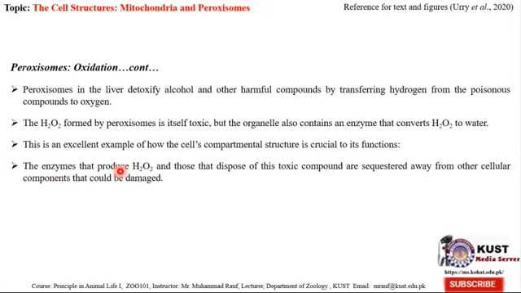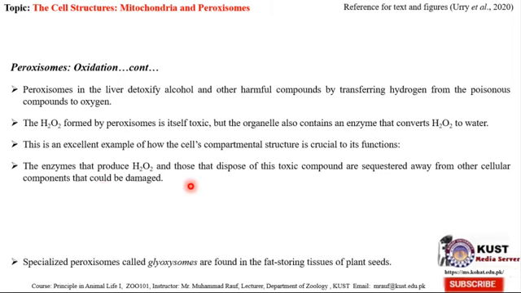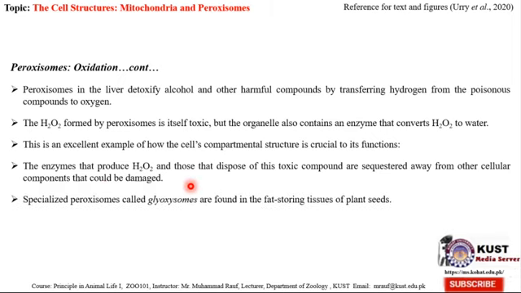The enzymes that produce hydrogen peroxide and those that dispose of this toxic compound are sequestered away from other cellular components that could be damaged. So, specialized peroxisomes called glyoxysomes are found in the fat storing tissues of plant seeds.